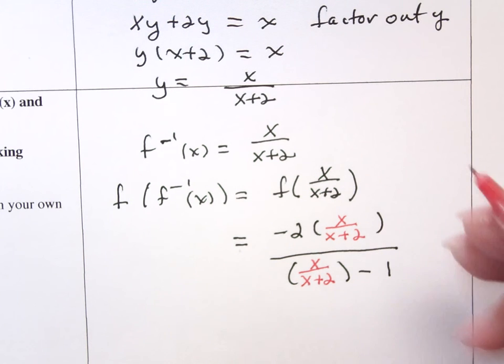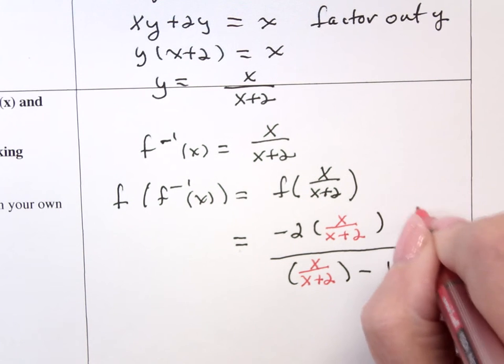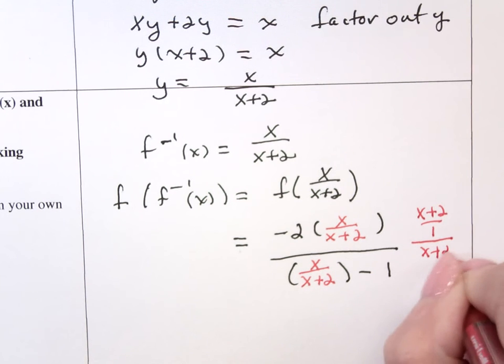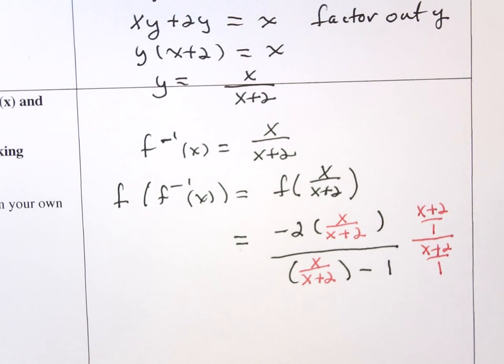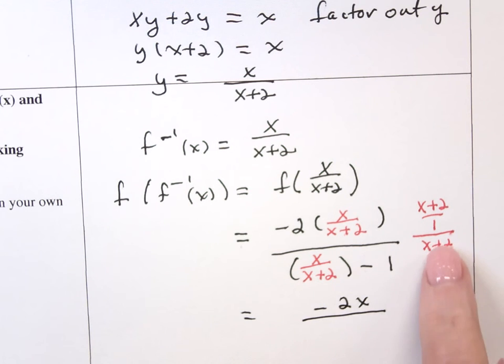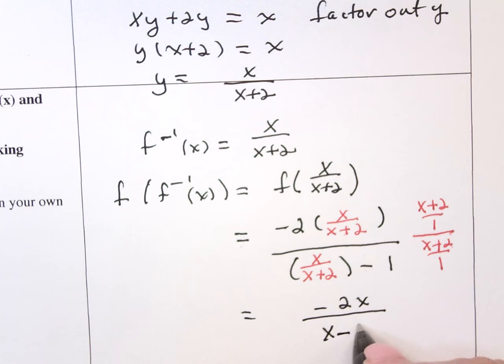And now I need to clear this fraction. So the x plus 2 goes. I get a minus 2x in the numerator. That's nice. The x plus 2 goes. I get x minus 1 times x plus 2.